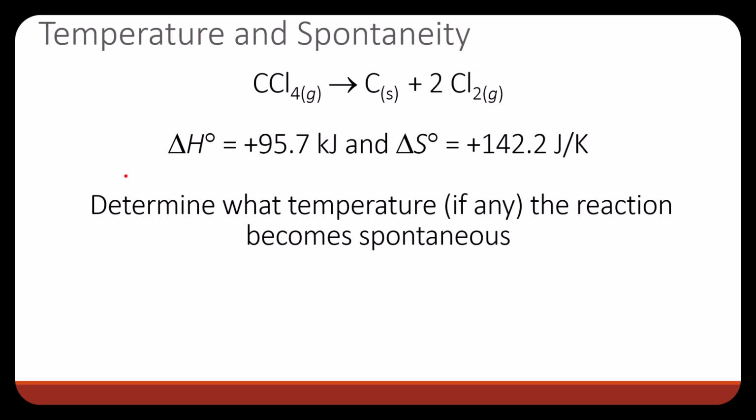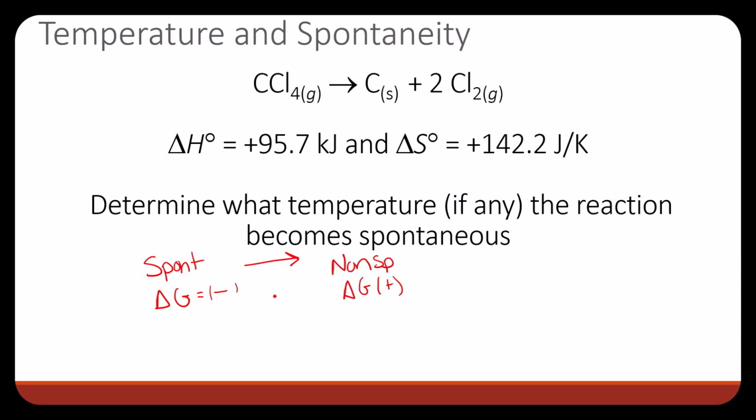So let's think about the different scenarios. Spontaneous means that delta G is a negative value. Non-spontaneous means that delta G is a positive value. So what's that moment that it goes from spontaneous to non-spontaneous?